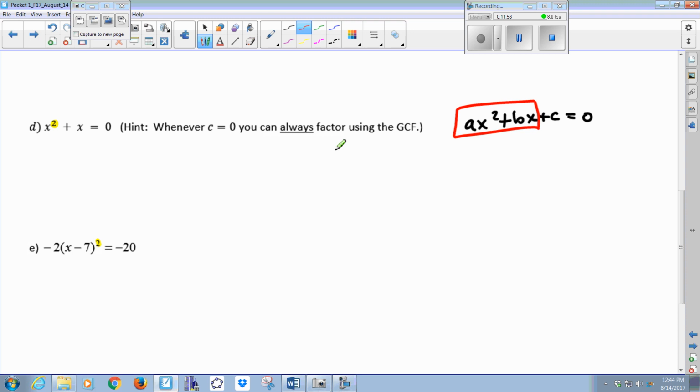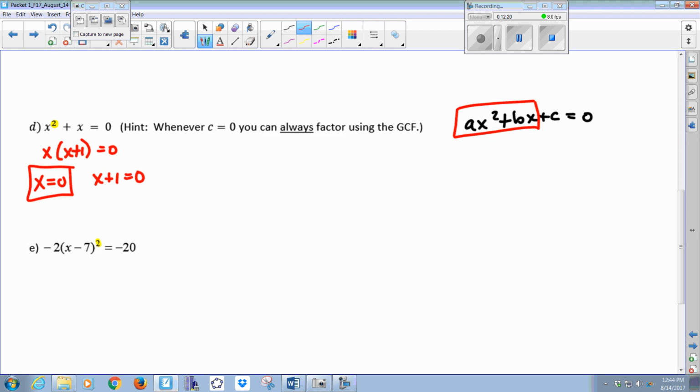Anytime you have this type of equation, boom, you can factor it quite easily because all you have to do is pull out a common factor. It will always have the variable, in this case, x, always in common. So that's all it happens to have in common. So when I factor the left-hand side, I get x times x plus 1 is 0. So I set each factor equal to 0, and I solve that equation.